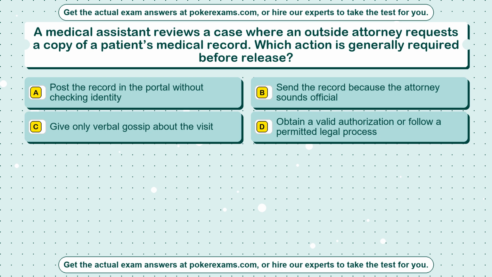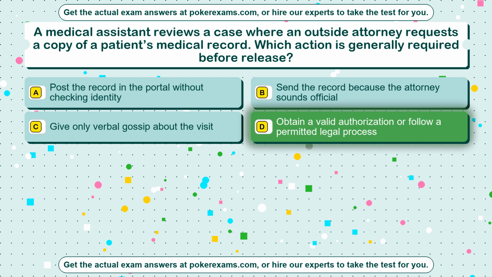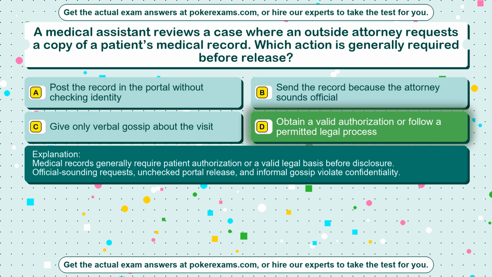Option D, obtain a valid authorization or follow a permitted legal process. The correct answer is option D. Medical records generally require patient authorization or a valid legal basis before disclosure. Official-sounding requests, unchecked portal release, and informal gossip violate confidentiality.